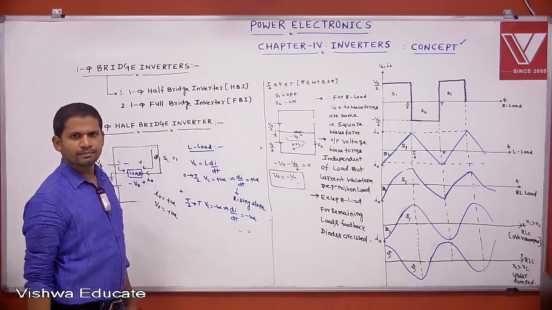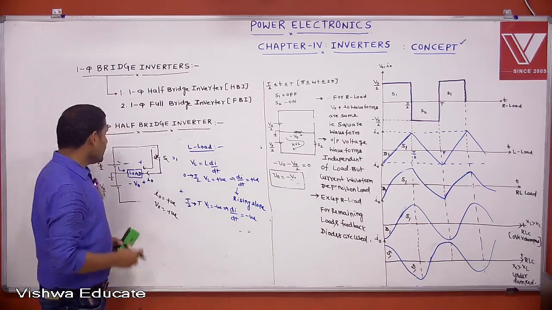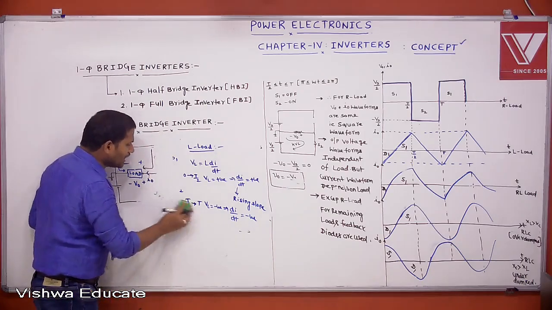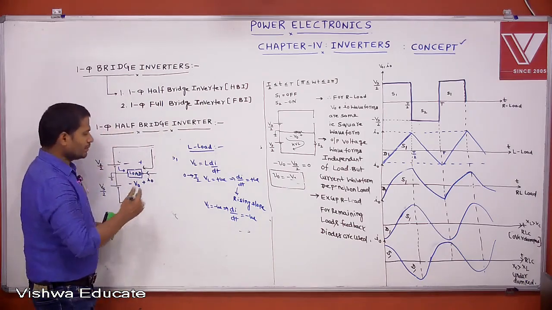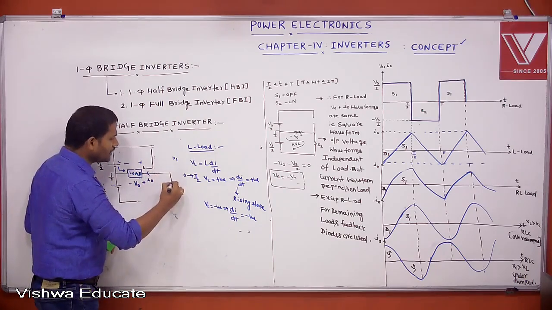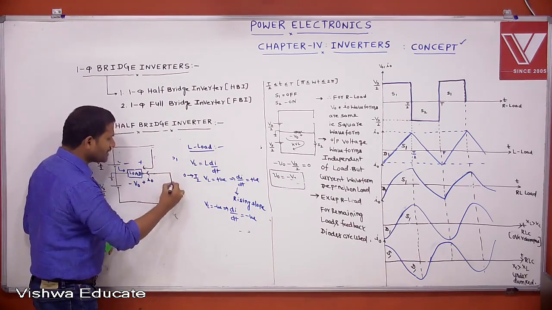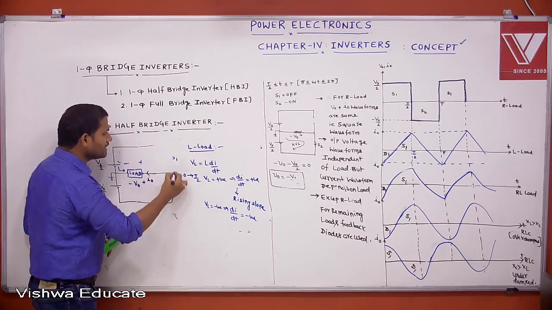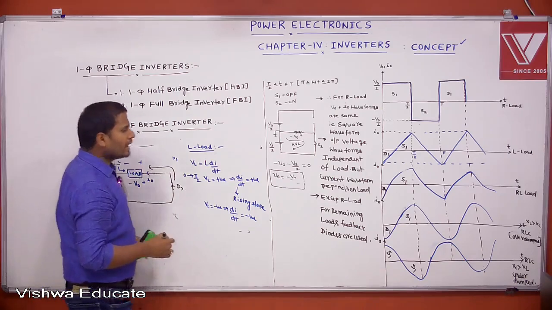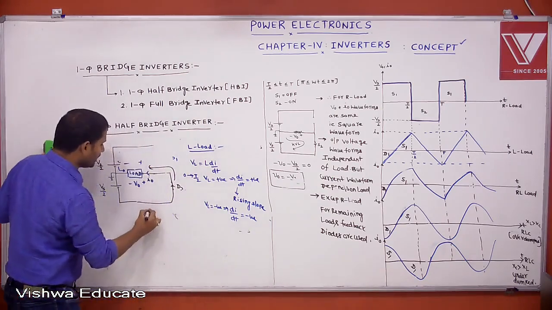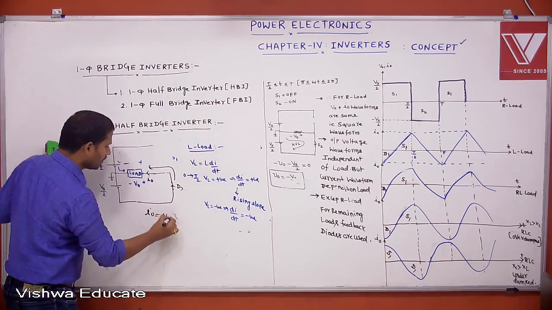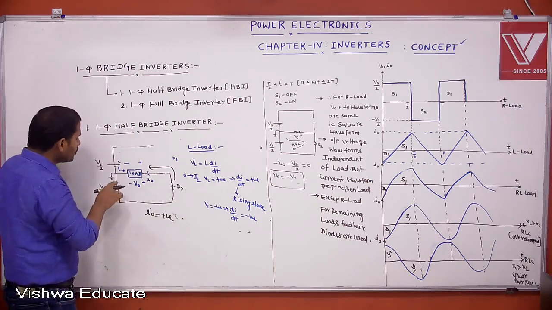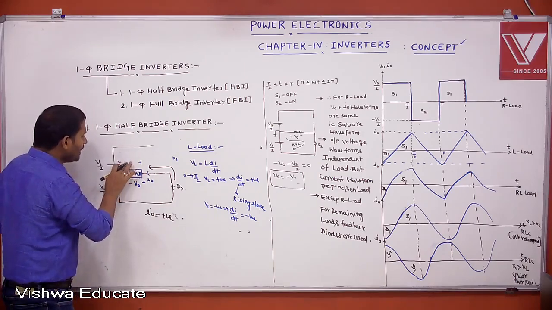Clear? For example, D2 is conducting. Let us assume that the remaining devices are off. If D2 is conducting, this is the current supplied by D2. Then I0 is positive. Where is this positive plate connected? It is connected here now.